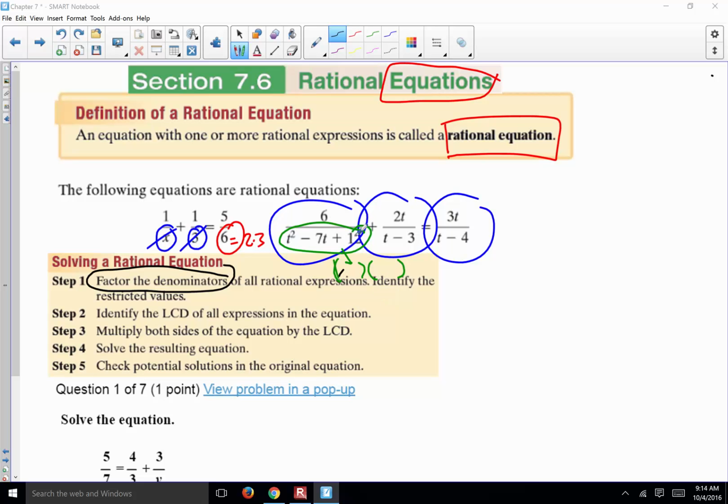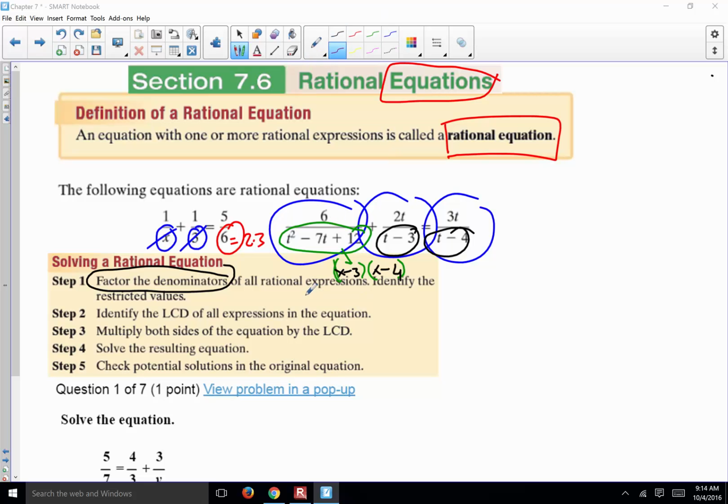Two numbers multiplying to 12 and adding to minus 7 are minus 3 and minus 4. It's not 6 and 2, it's 3 and 4. Negative 3 and negative 4. And can you break this one? No. So some questions may involve polynomial factoring, or quadratic factoring is the more proper name for it.